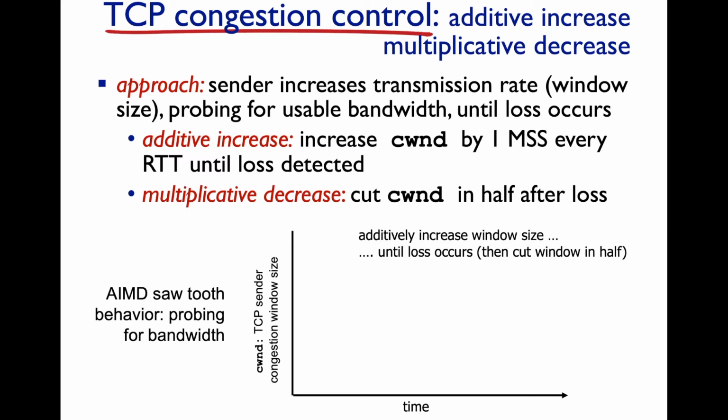And so here in this graph, we have time going along the horizontal axis, and we have the congestion window size along the vertical axis. And so as we see, you have your additive increase, you get a loss event, the window size is cut in half. Additive increase, loss event, window's cut in half. Sometimes that additive increase keeps increasing and increasing. Other times, it gets a loss early.